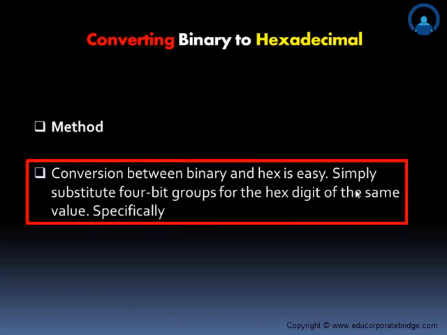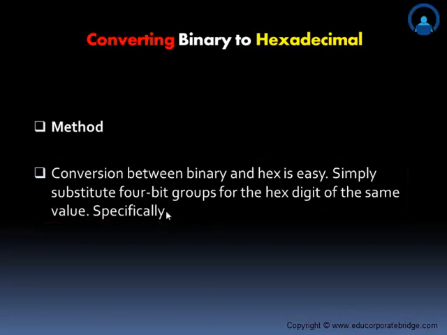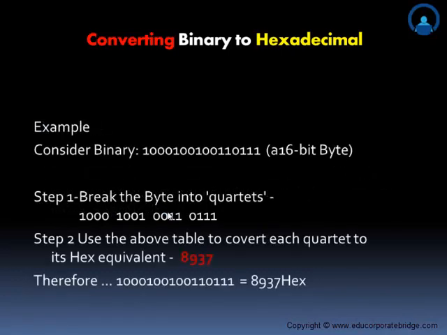Conversion between binary and hex is done by substituting each 4-bit group with the hex digit of the same value. This is a special type of conversion, unlike other forms. So the example for this is this one. We move from right to left, that is, this is the LSB and this one is the MSB.